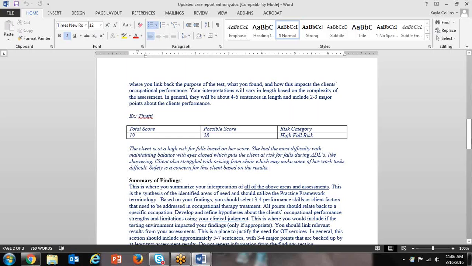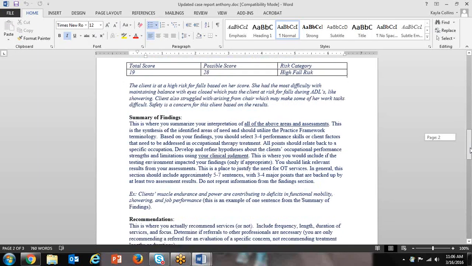So I'm taking the data, I'm saying here is the general area he's having difficulty with. Here are one or two specific things within that area that I can point to as really tough for him. And this is how that relates to a performance skill, a client factor, an occupation that he needs to do. Okay. You're going to do that for each test.